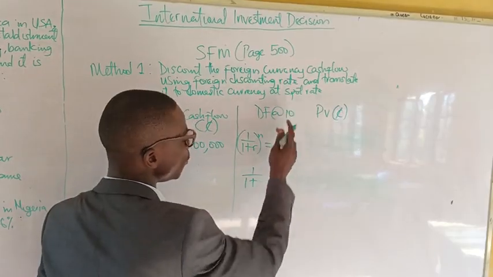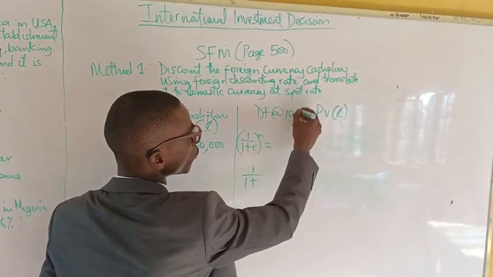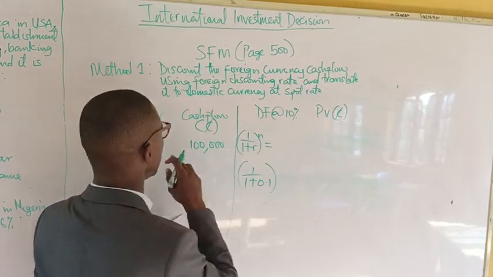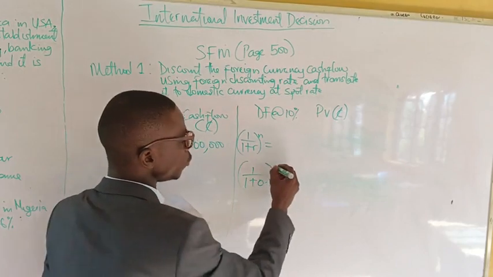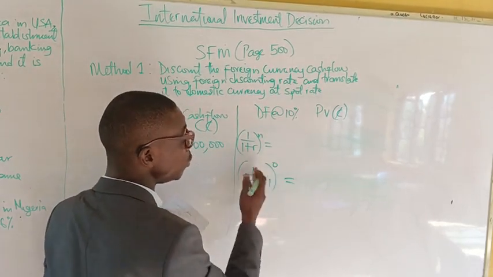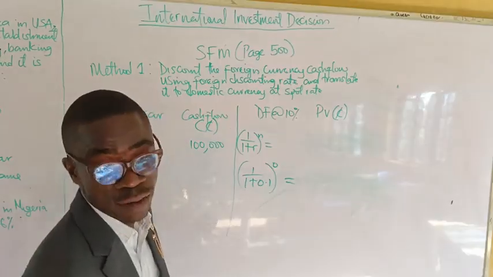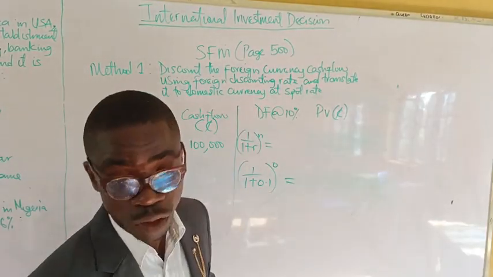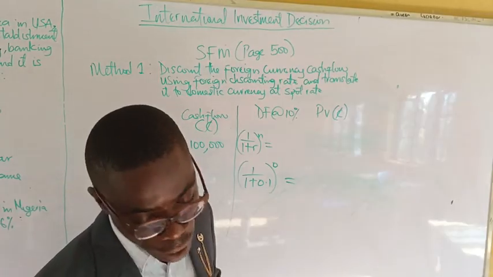Don't forget the rate is 10%, so 0.1 raised to power the year, which is 0. If the year is 0, you don't even need to calculate everything. Anything raised to power 0 is 1. Am I communicating?